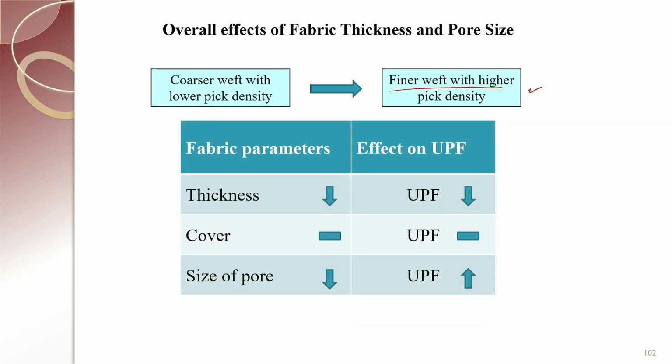The thickness reduces, UPF reduces, and cover factor remains the same. So, UPF should be the same, but when individual pore size is reducing, the UPF should increase. So, all these 3 effects are coming together.